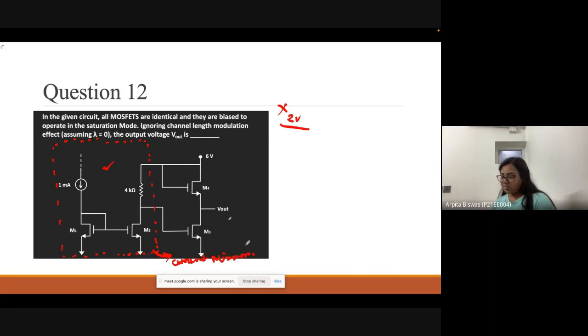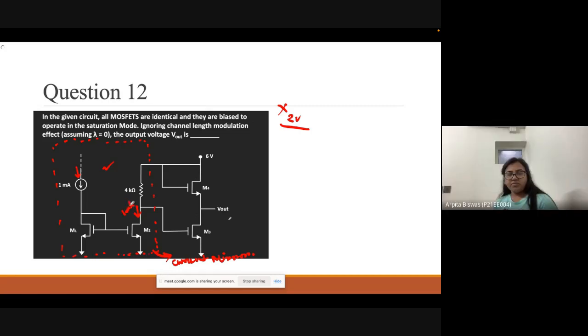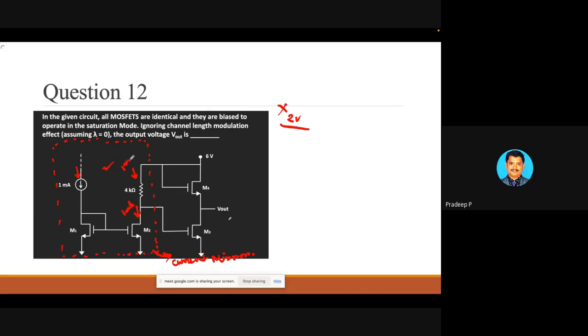If 1 milliampere current is flowing from there, how much current will flow this way? 1 milliampere only. If 1 milliampere current is flowing from M2, then how much current will flow from this 4 kilo ohm resistance? Same current will flow.